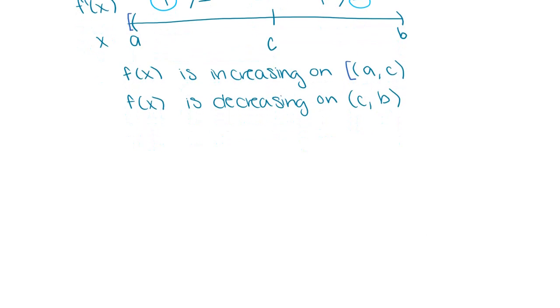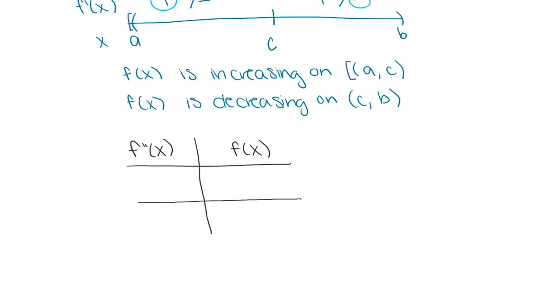Okay, and now when we're talking about second derivatives, we can write out f double prime of x, f of x, and this time I have a better idea of what I want to say, so I shouldn't need as much room, hopefully. So we have greater than 0 and less than 0.